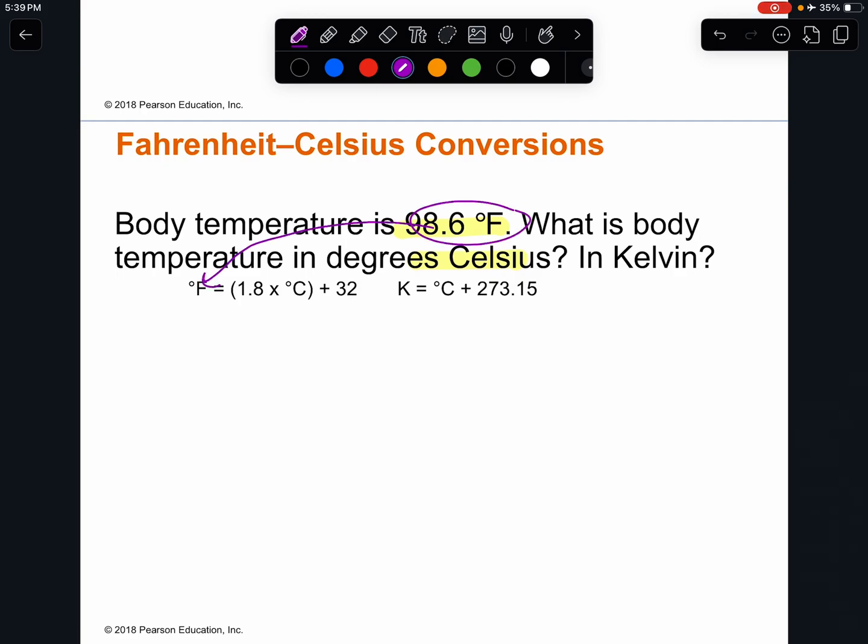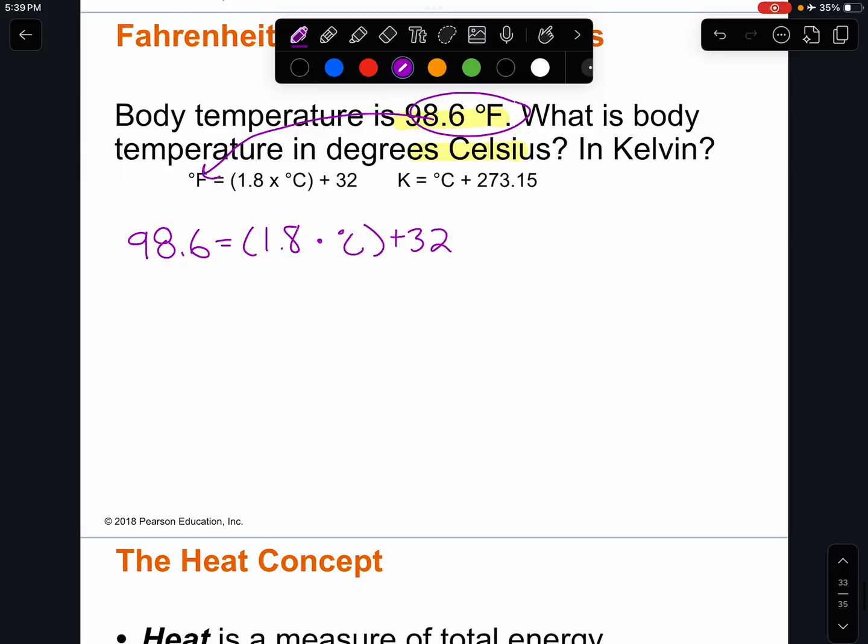So I've been given Fahrenheit. I'm going to replace that into where the F is. So 98.6 equals 1.8 times degrees C plus 32. To solve this, I want to get this C by itself, so I'm going to go ahead and subtract 32 from both sides. This then gets rid of this. And I go ahead and subtract 32 from the 98.